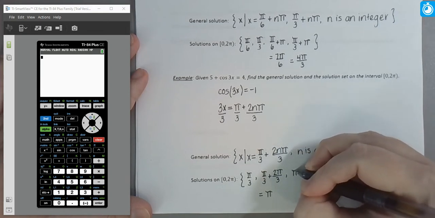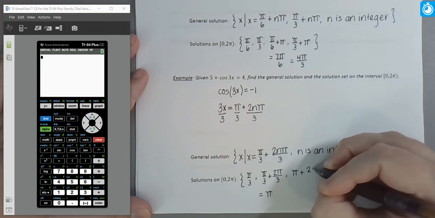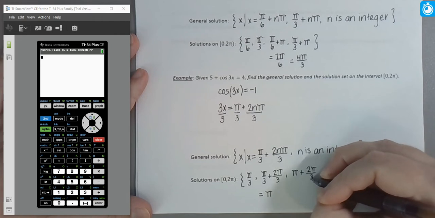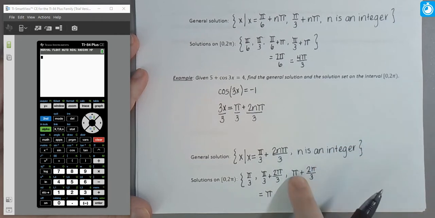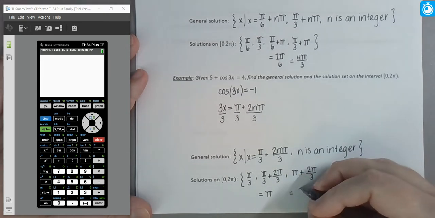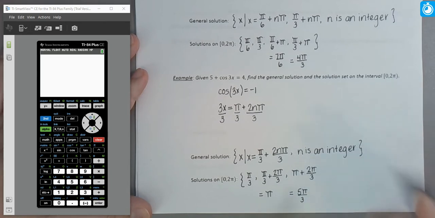So what if we went from pi and then added on an additional 2 pi over 3? Well, again, think of pi as 3 pi over 3. So 3 pi over 3 plus 2 pi over 3 is going to give us 5 pi over 3. If we were to add on another, we end up at 7 pi over 3, which is outside of this range. So those are going to be our 3 solutions. And again, we got triple the number we would have otherwise gotten just focusing on the values we get from cosine on the unit circle.